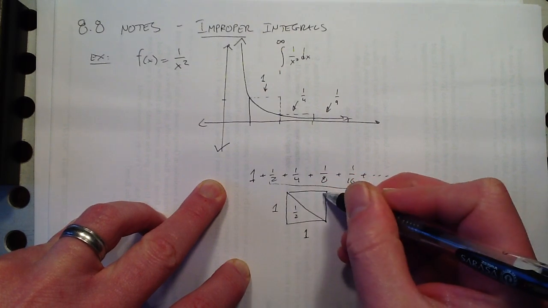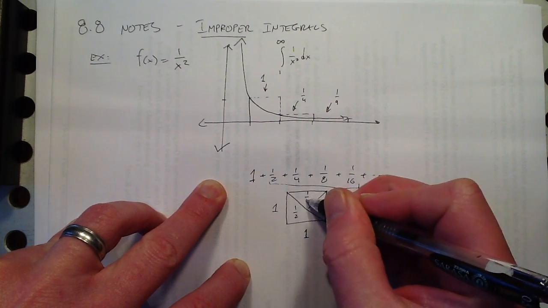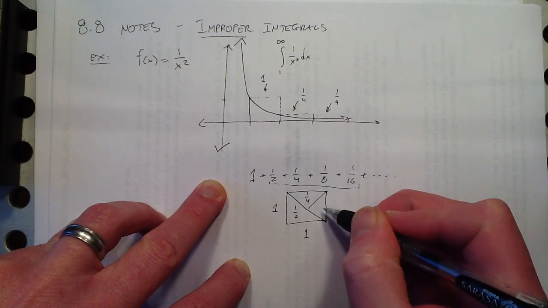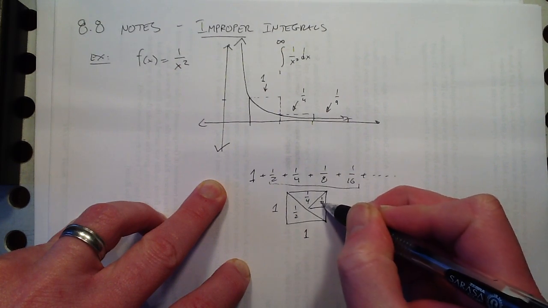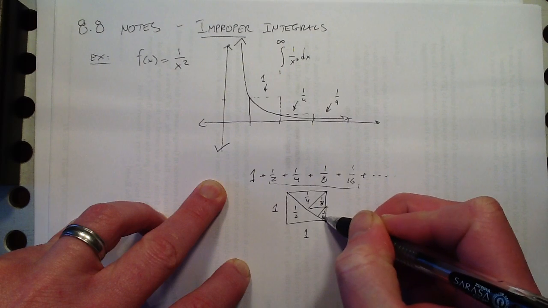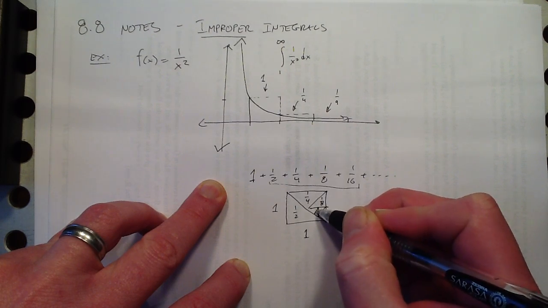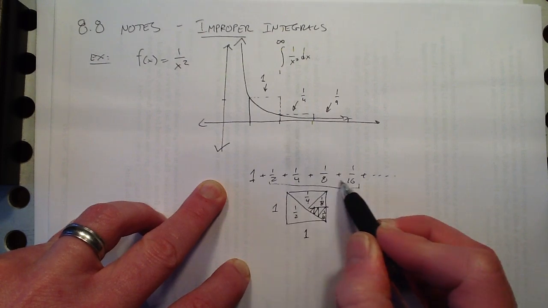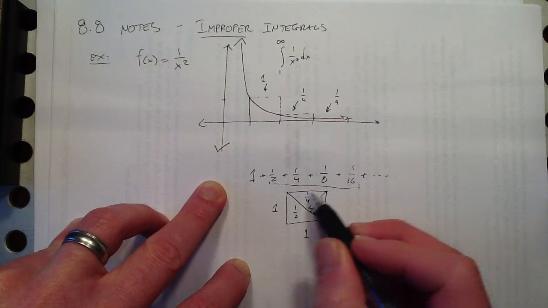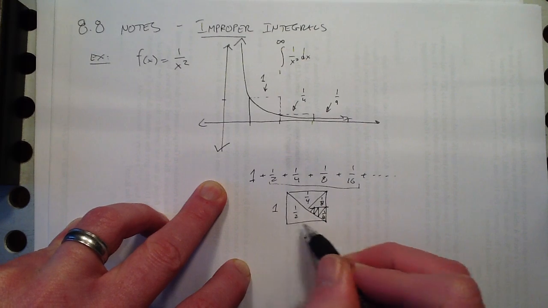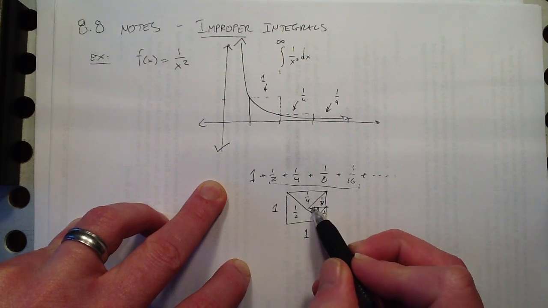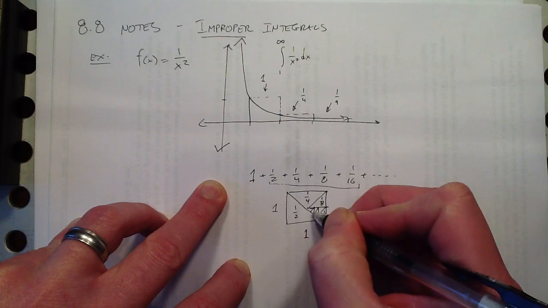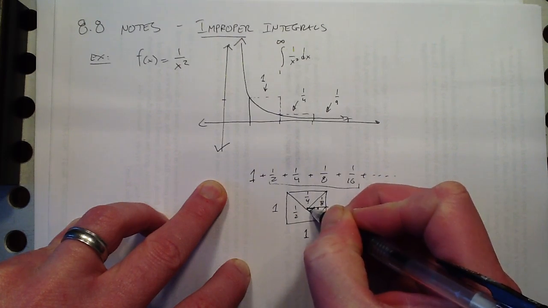There's half of the area, and then you can divide that in half. There's a quarter of the area. You can divide that in half, and there's an 1/8, and there's a 1/16, and so on and so on. And if you do that forever, you get infinitely many fractions like this, and clearly they're all inside this square. Then you can say this infinite series is actually equal to the whole square.